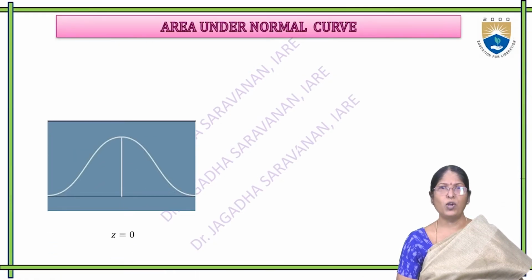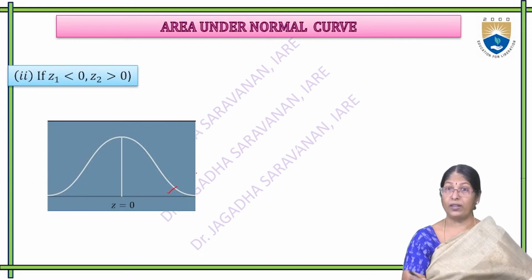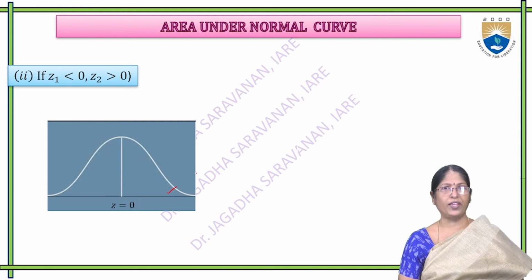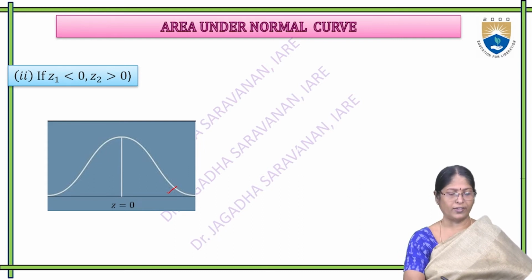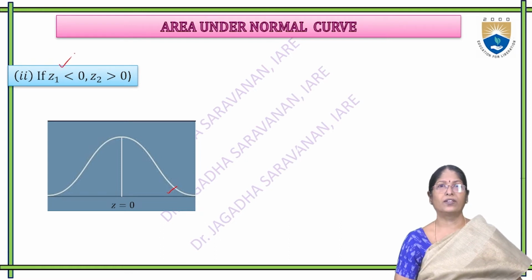One more curve we can notice. Our bell-shaped normal curve is ready. The symmetrical line is there, at the point z equal to 0. Now the question is z1 is less than 0.